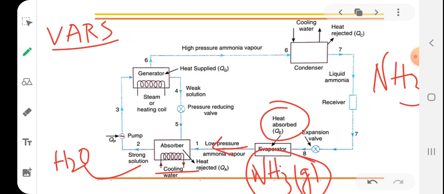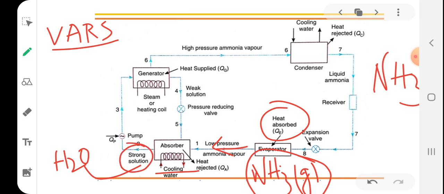This cooling water system absorbs the energy released during the formation of the aqua ammonia solution. Since it is an exothermic process, it releases heat. That heat is absorbed by the cooling water in order to maintain the temperature at the required level. So more mixing takes place, and thus it forms a strong aqueous solution.